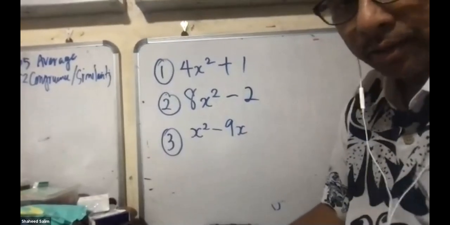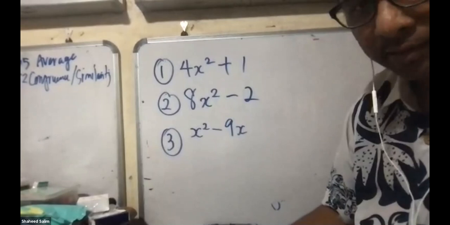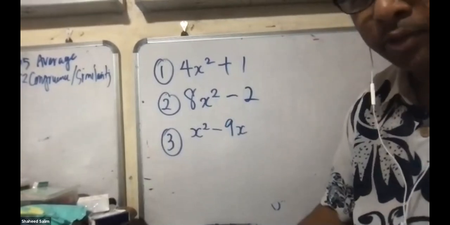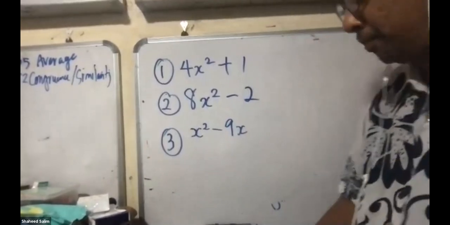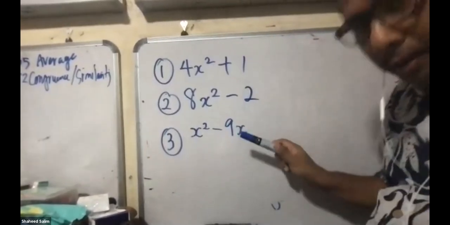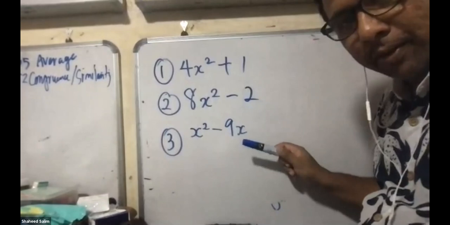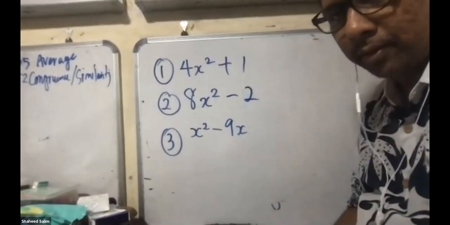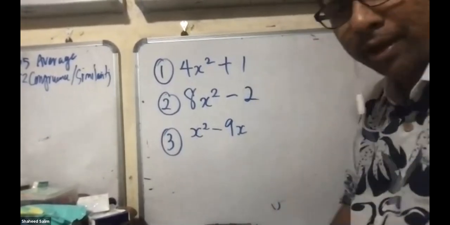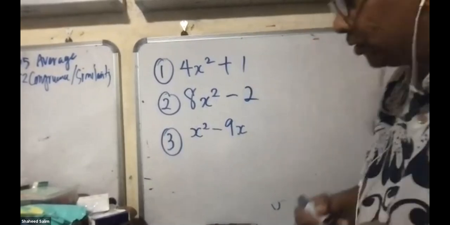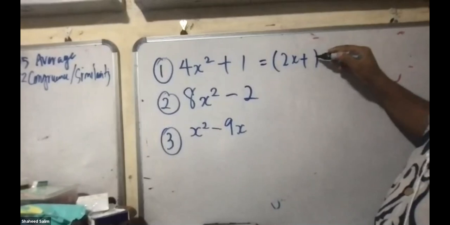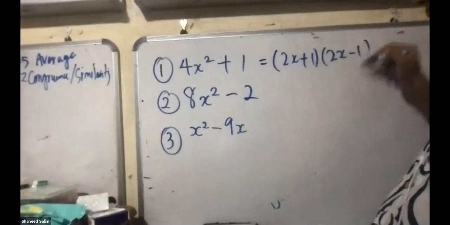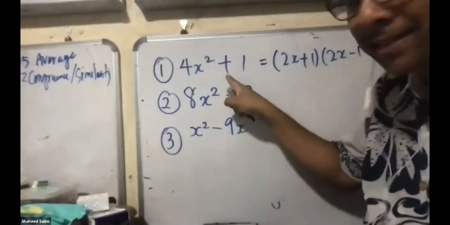In C, which one cannot be factorized? Can number one be factorized? Number one, what's your factorization? Both of you are saying 3 cannot. 3 can be factorized, I repeat, but not by the crisscross method. Number one cannot be factorized. How do you factorize? You do something like that? 2x plus 1, 2x minus 1 is only true for minus. This is plus.